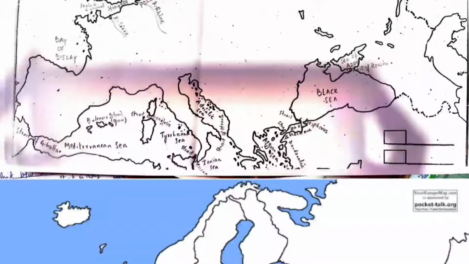I hope this is clear. This is actually a congested map, but to get a big picture of it, I have explained it separately. So we are done with the Strait of Dardanelles.